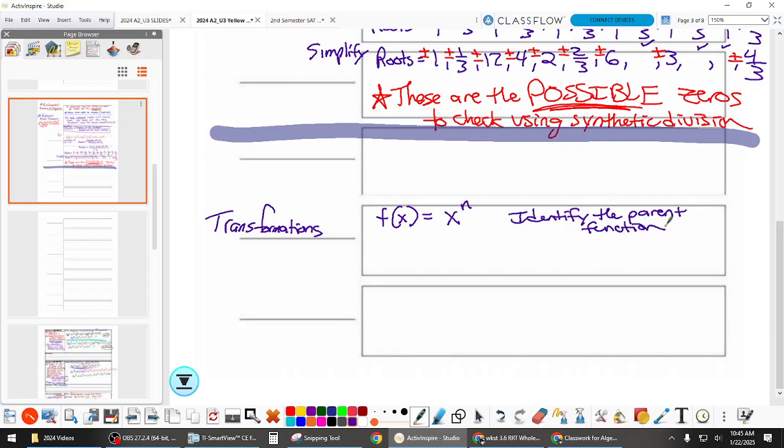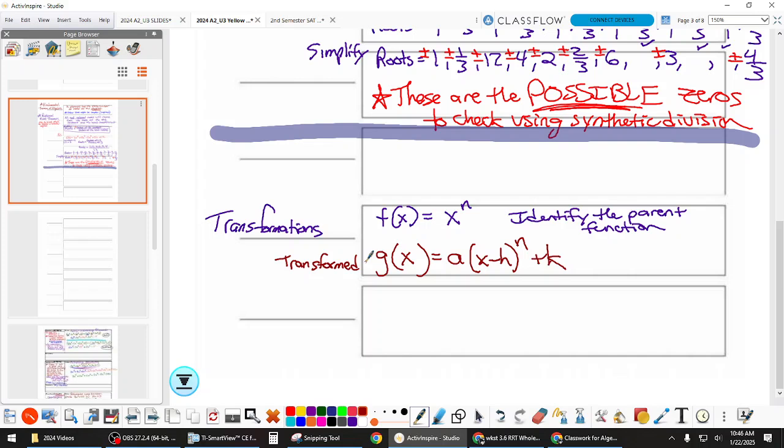So first you're going to identify the parent function. I'm leaving an n because now it's not specifically squared. It could be cubed, fourth, fifth, etc. This is the transformed version.